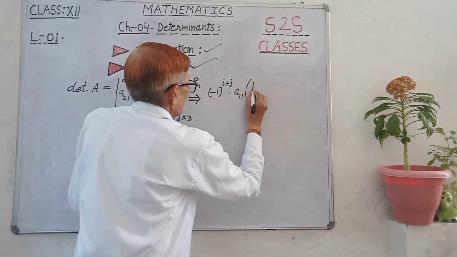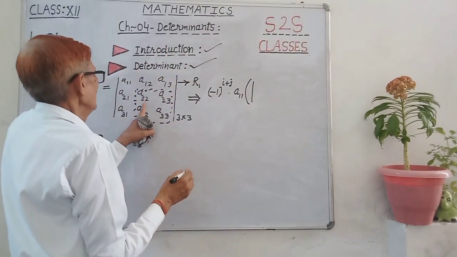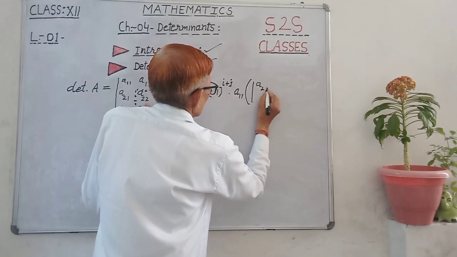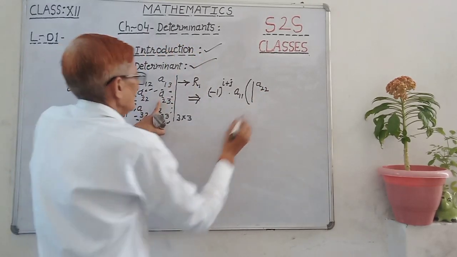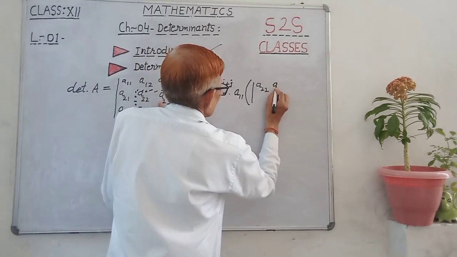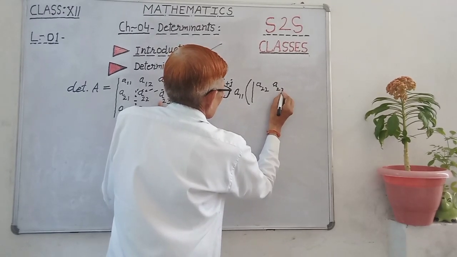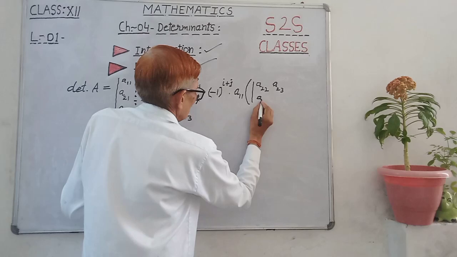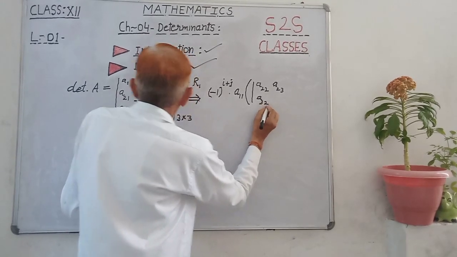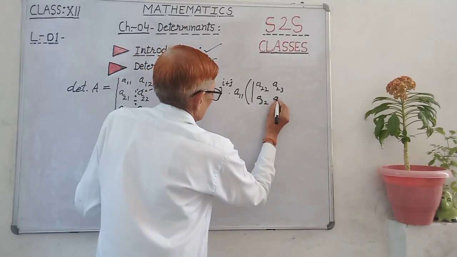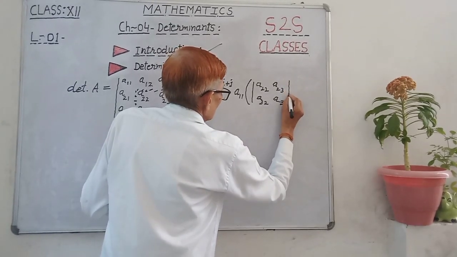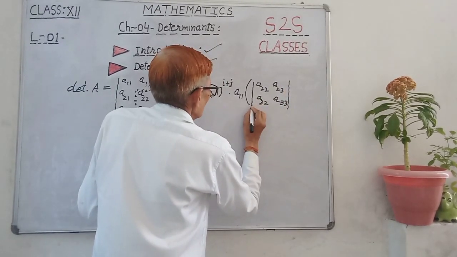So determinant 2/2: A22 A23, A32 A33. Understand, this determinant we know, 2 by 2.